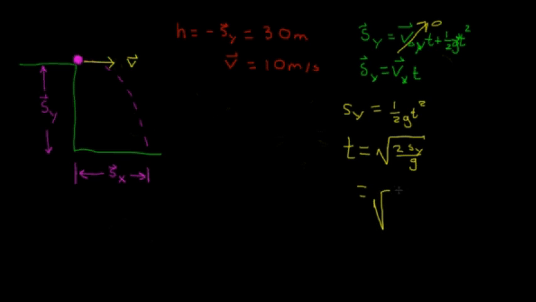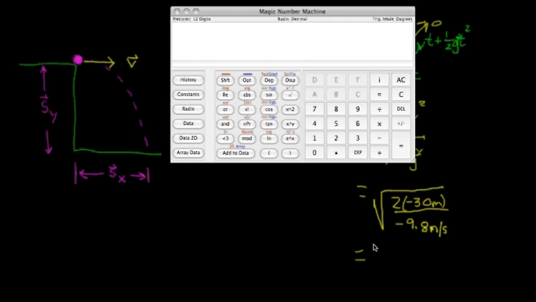Alright, so we have the square root of 2 times negative 30 meters. I've already chosen the numbers for this problem up here. And you can't forget that you have to make gravity negative as well, because it's pointing down. If you forgot the negative, you'd get the square root of a negative number because of the negative 30 up here, which would give us an imaginary time, and we can't have that. So let's calculate that. We have 2 times negative 30 divided by 9.8.